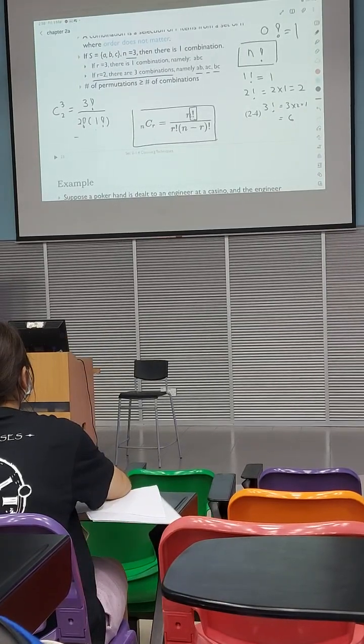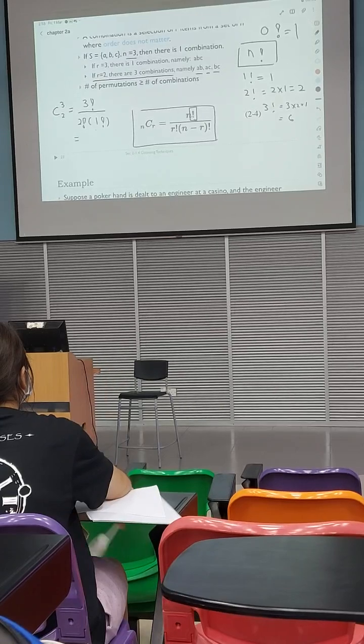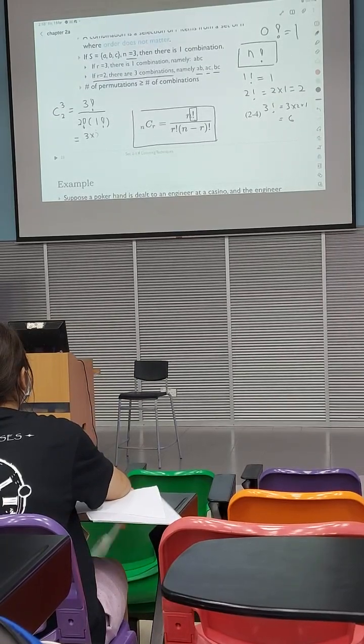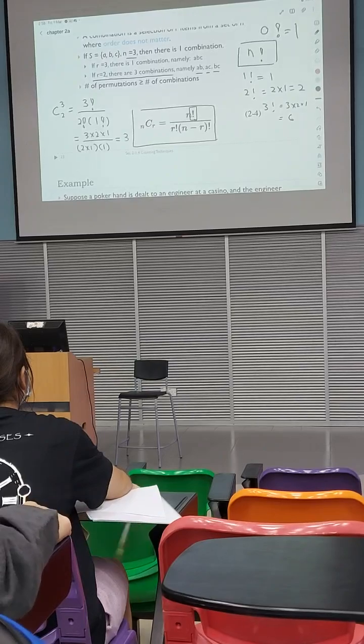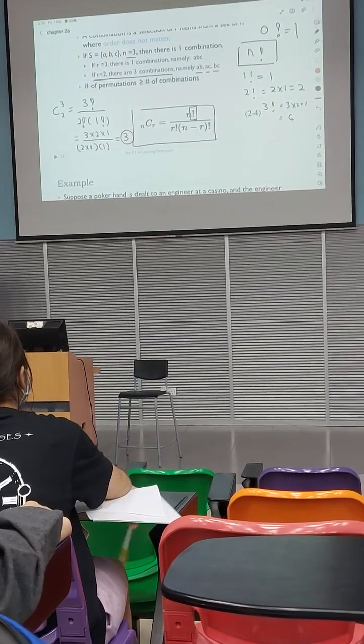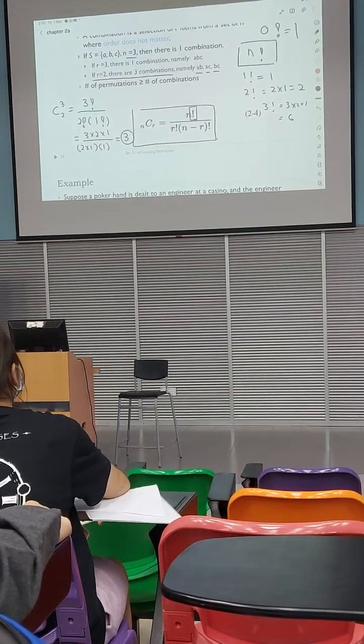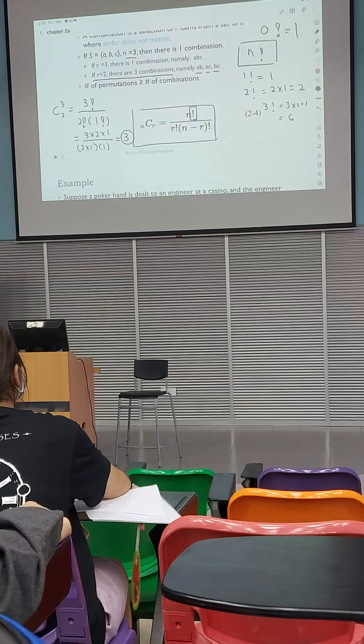So you should get 3 times 2 times 1, 2 factorial is 2 times 1, and 1 factorial is 1. Hence, what is the answer? You should have 3. This is how you apply the formula.